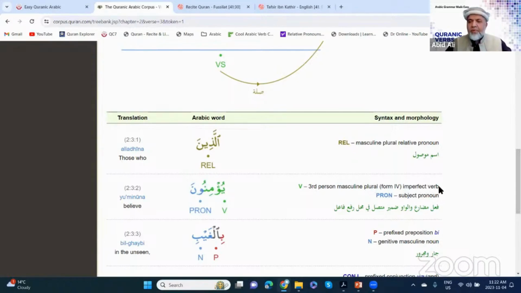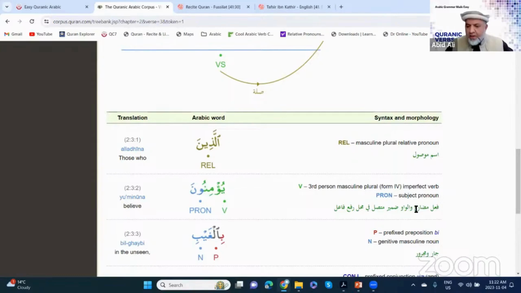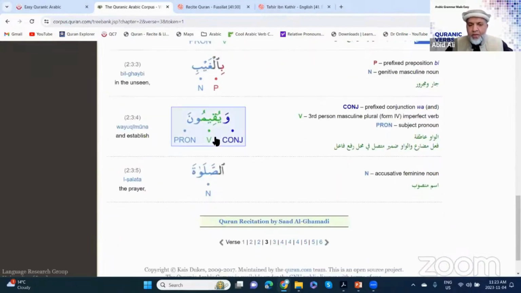What is another name for present tense? Imperfect. Look at the Arabic: fi'l mudari wal waw damir muttasil fi mahall raf' fa'il. I don't want to confuse you, so don't worry about it. But the important thing to know is they're saying this is fi'l mudari. So I'm not lying to you.